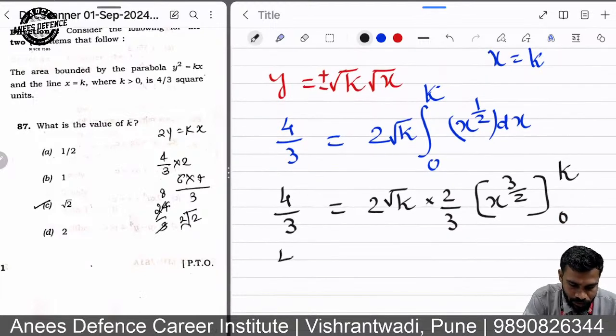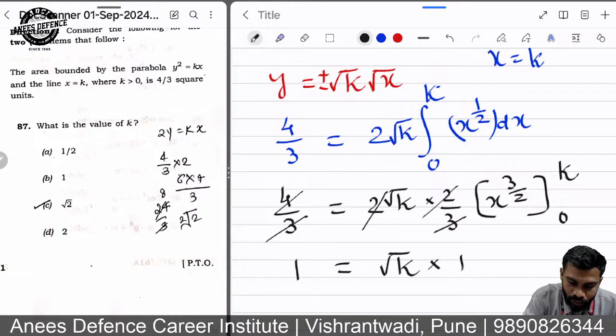So this will be 4. 3 and 3 will get cancelled, right? 4 and 4 will also get cancelled. So 1 is equal to, we have got root k into k root k, right?